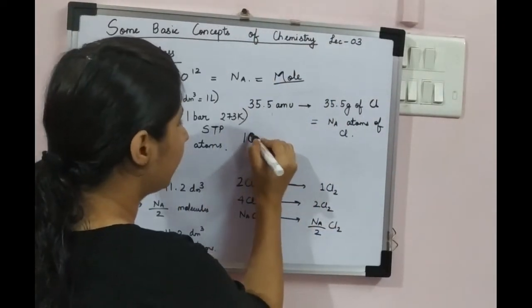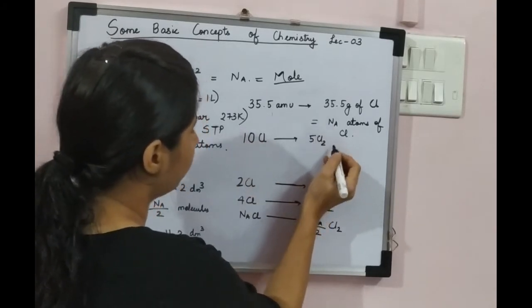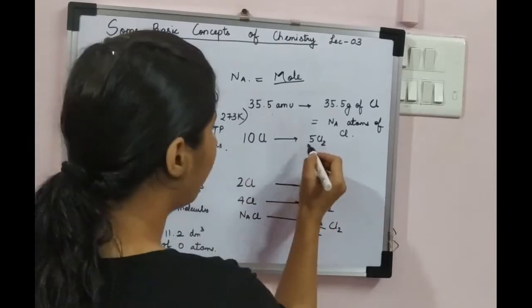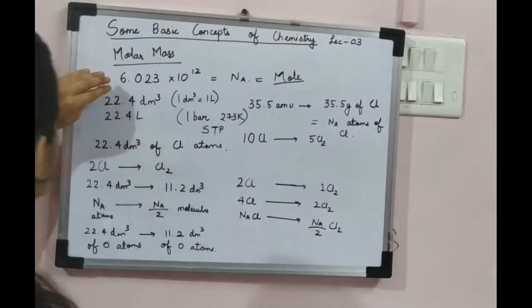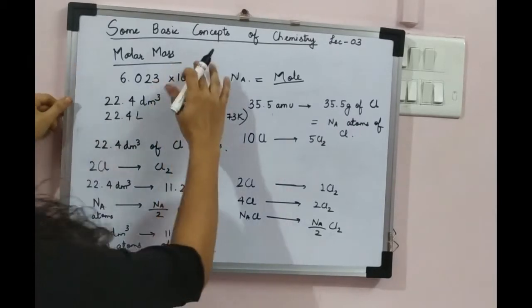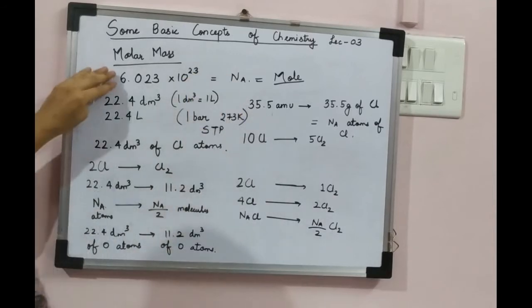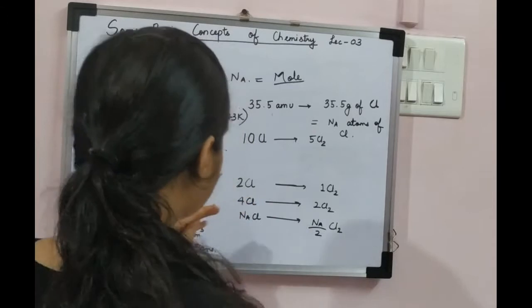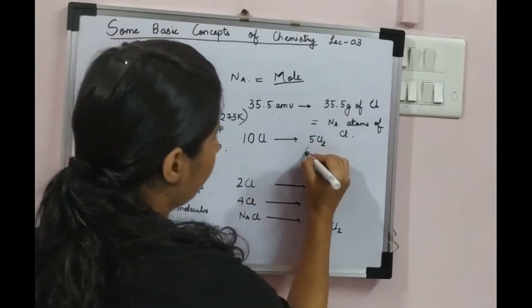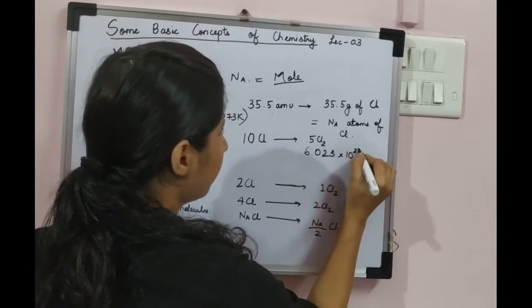If there are 10 chlorine atoms, I am getting 5 chlorine molecules, right? But I want Avogadro number of chlorine molecules, 6.023 into 10 to the power 23 molecules of chlorine. This is what I desire.